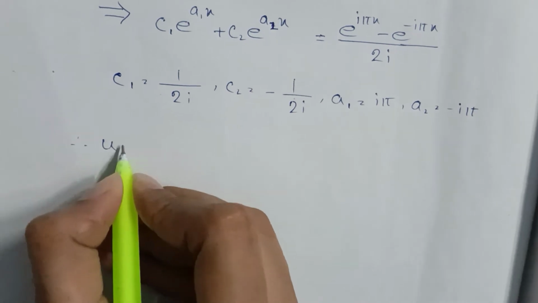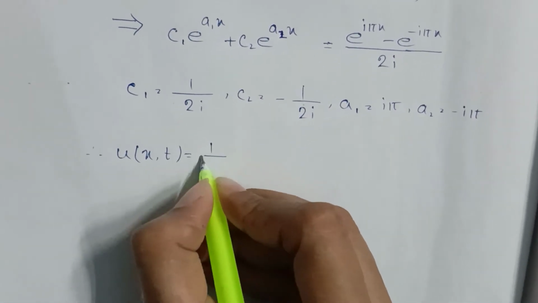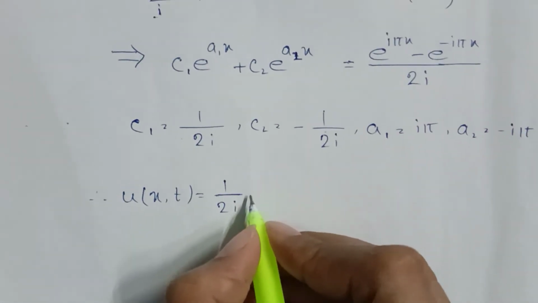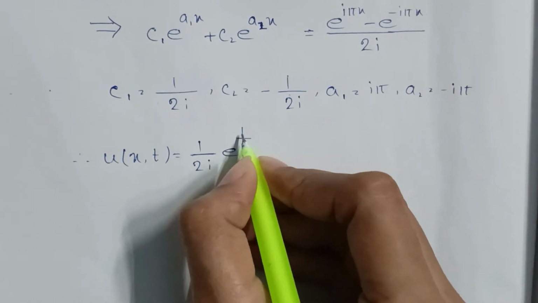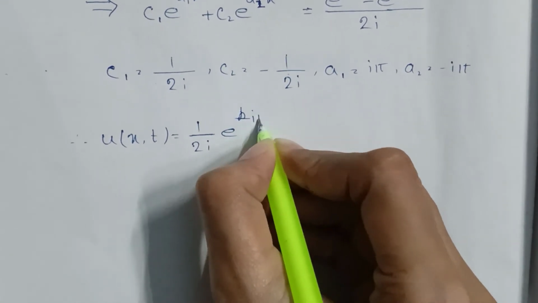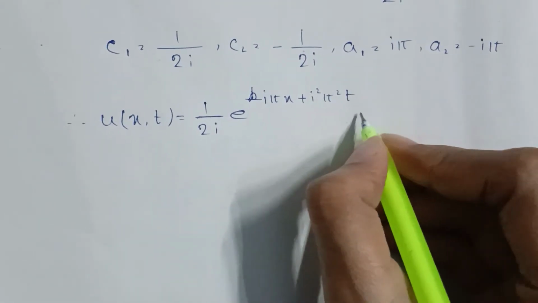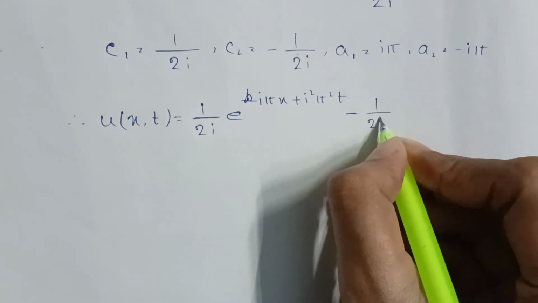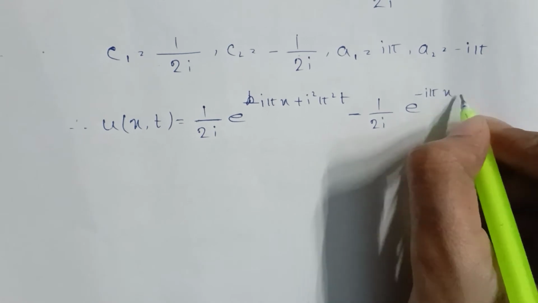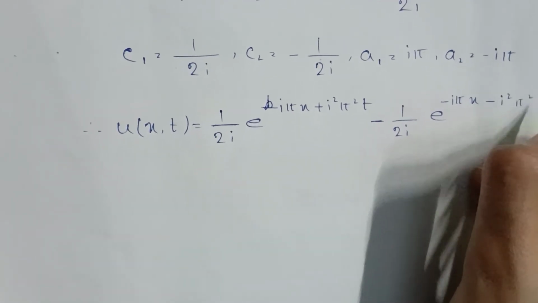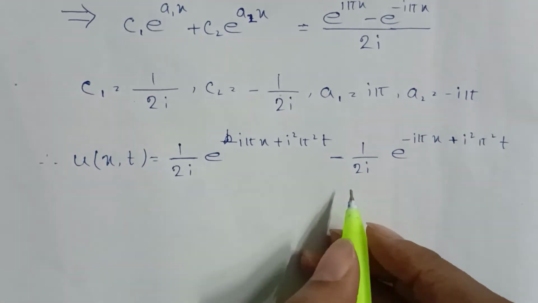Therefore, u(x,t) is equal to c1 e to the power, 1 by 2i, e to the power i pi x plus i squared pi squared t, minus 1 by 2i e to the power minus i pi x minus i squared pi squared, this is plus i squared pi squared t.